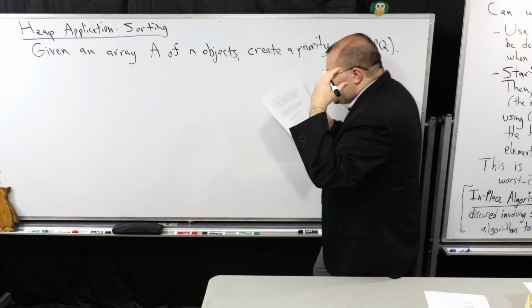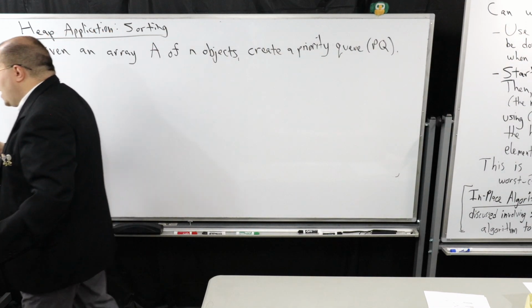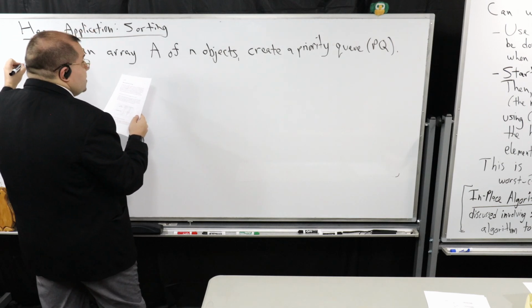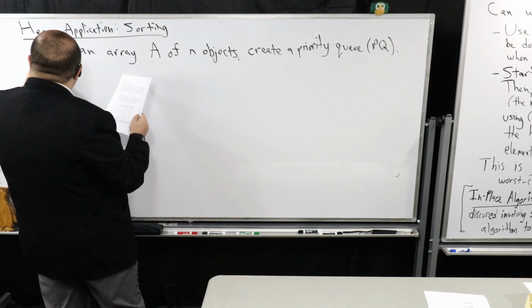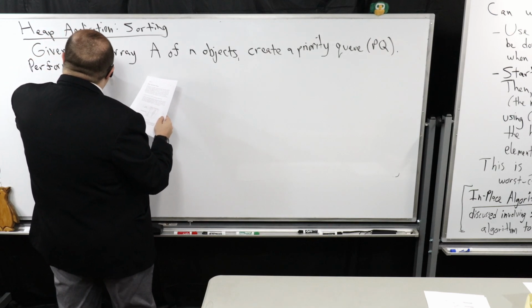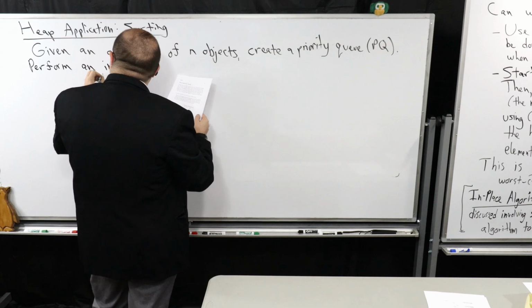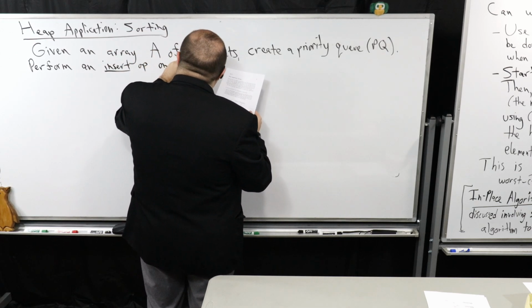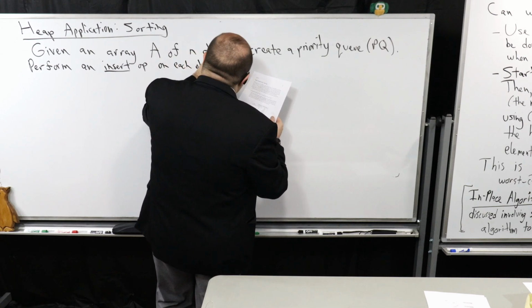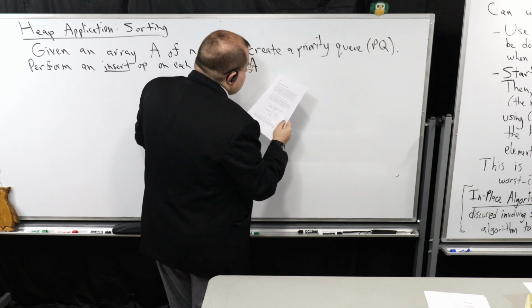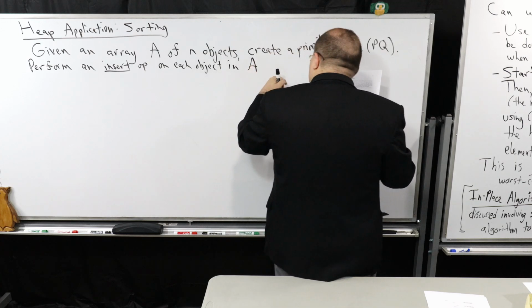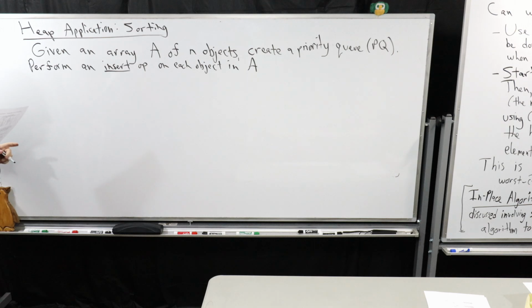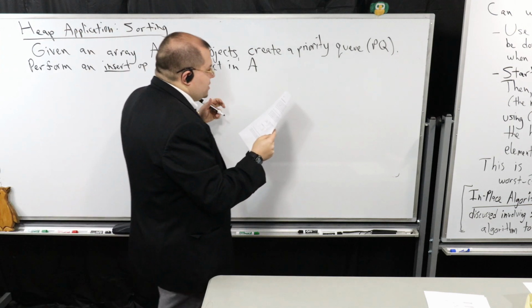So I want you to imagine you can do the following. I'm going to perform an insert operation on each object in A. And I'm just going to assume, of course, that when you do these comparisons, they all take constant time. So imagine you do all these insertions.